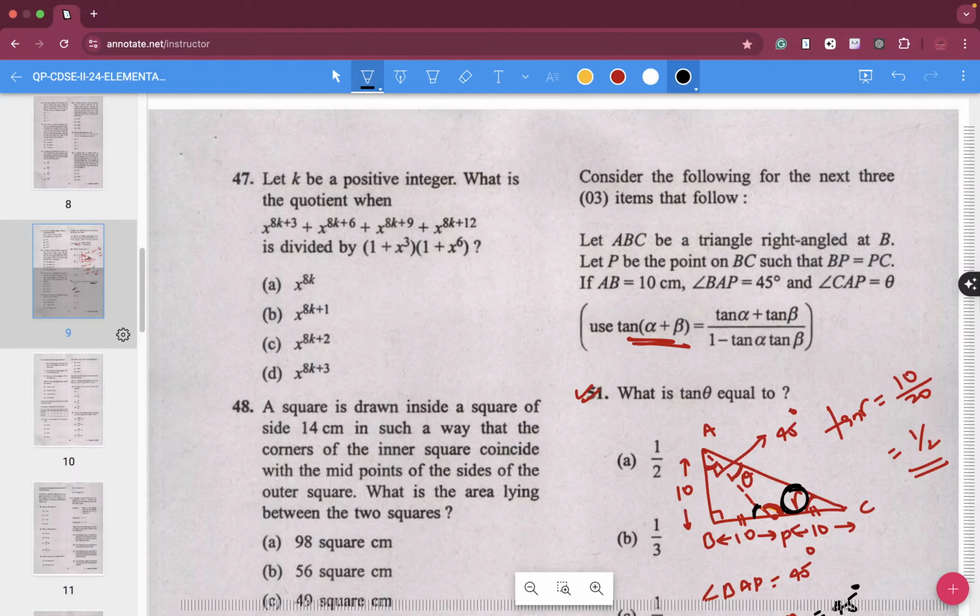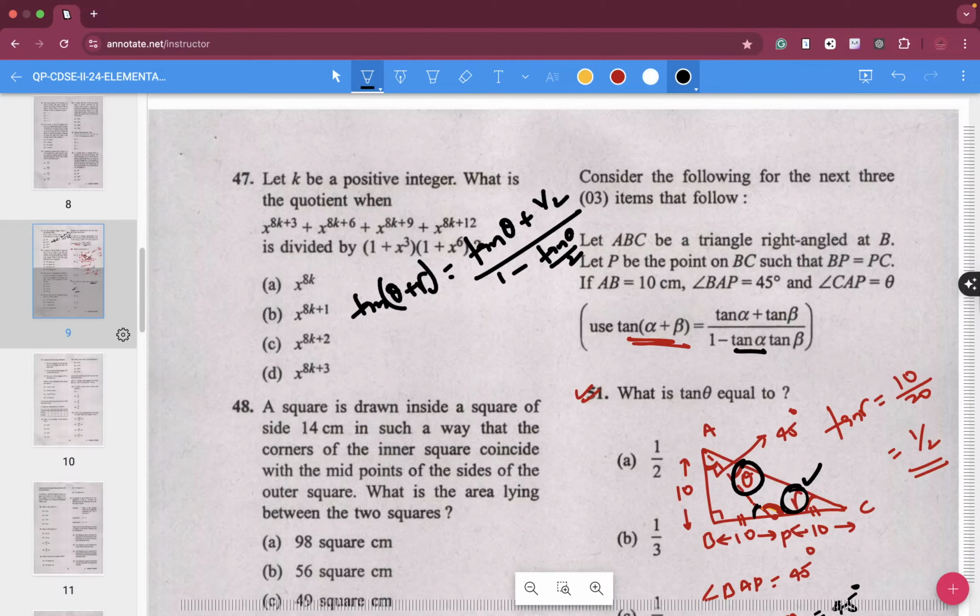Over here this is your theta and this is your gamma. So tan(theta plus gamma) is equal to (tan theta plus tan gamma) divided by (1 minus tan theta tan gamma), where tan gamma is 1 by 2 already. And this particular value is tan 45 overall, which means this is your 1 over here. So 1 minus tan theta by 2 is equal to tan theta plus half.